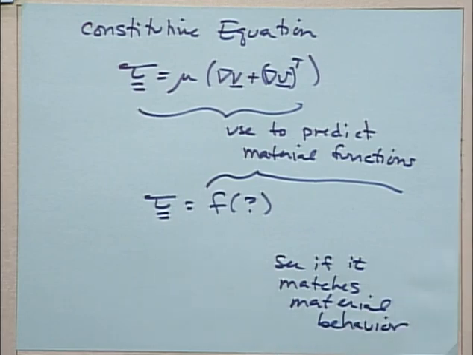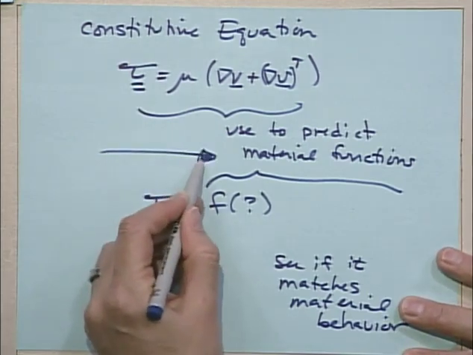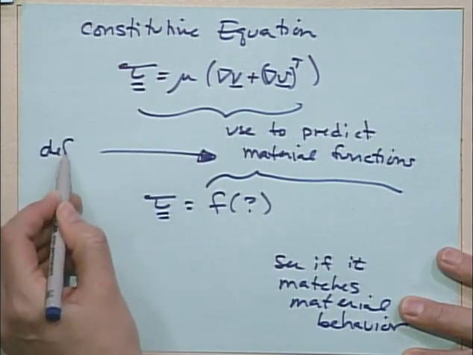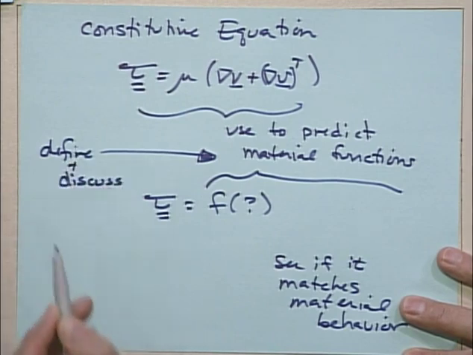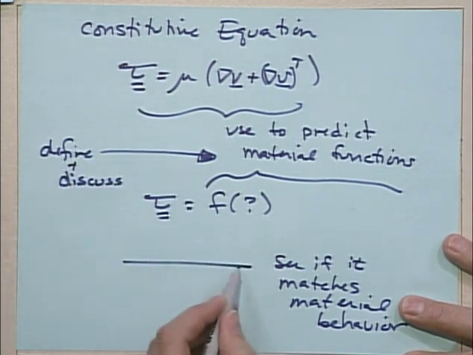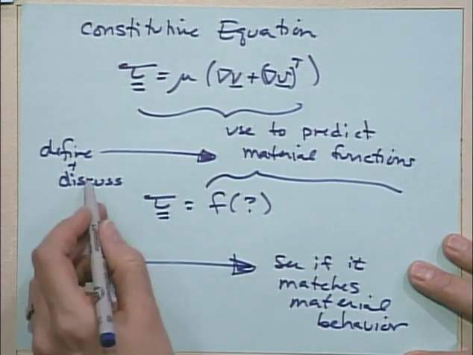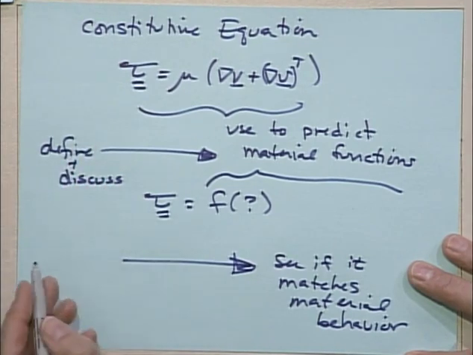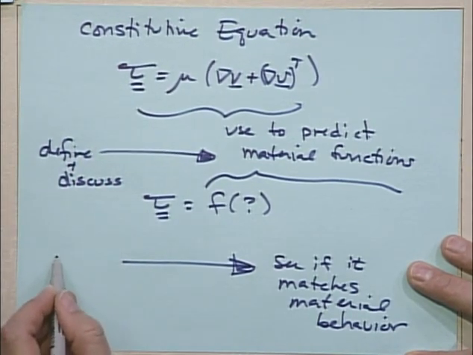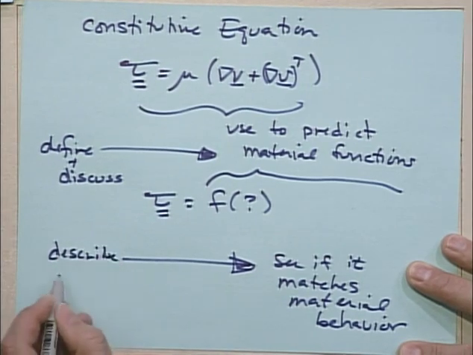So what I'm going to do in the next two chapters is I'm going to define material functions and show you how to use them. And then the experimental behavior chapter is all these ways materials actually behave using the vocabulary of the material functions. So this will be, say, describing real fluids.